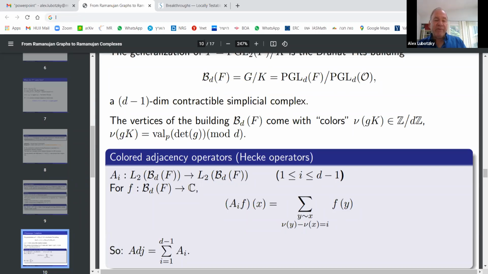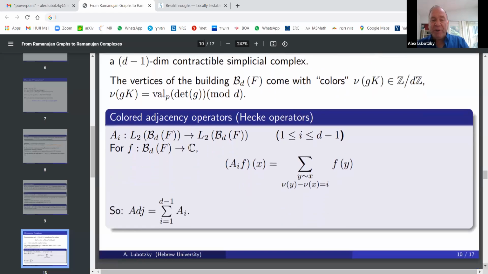Now, if you remember, in the case of d equals 2, we had one operator, the adjacency operator. Here we are going to define d minus 1 operators, from L2 of B_d(F) to L2 of B_d(F), defined for every i between 1 and d minus 1.